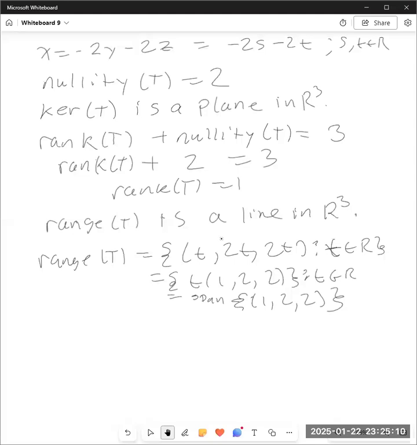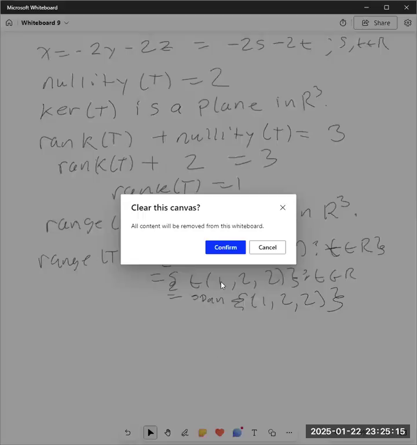And one last problem here, number 45. This is T from M(2,4) to M(4,2). And we have that the rank of T is equal to 4.